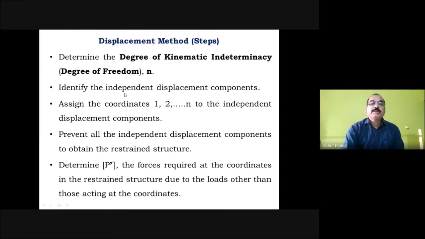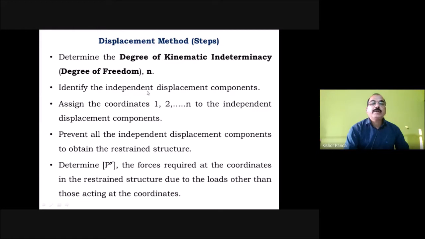Then identify the independent displacement components. If the degree of kinematic indeterminacy is 2, you choose 2 independent displacement components and assign 2 coordinates. If it is 3, you choose 3 independent displacement components and assign 3 coordinate directions.